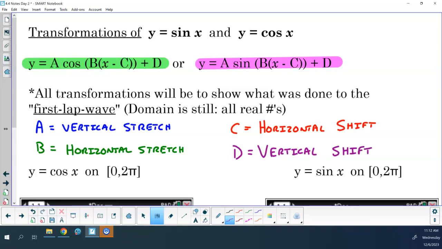And we'll break that down over the course of the next few days. So today we're going to focus in on A and D because those are the easier ones to figure out. And then we'll move to C's, and then we'll move to B's.